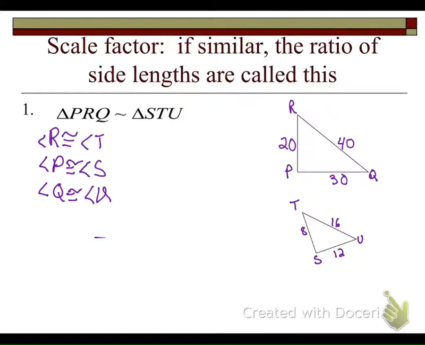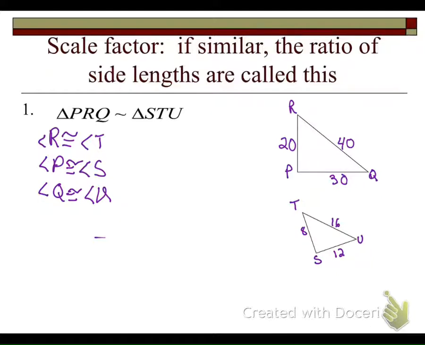If you remember the way we wrote these when we were talking about triangles last time, we saw that P and S were congruent just by the way we wrote these. That still holds true here. Our next part is to create those ratios.